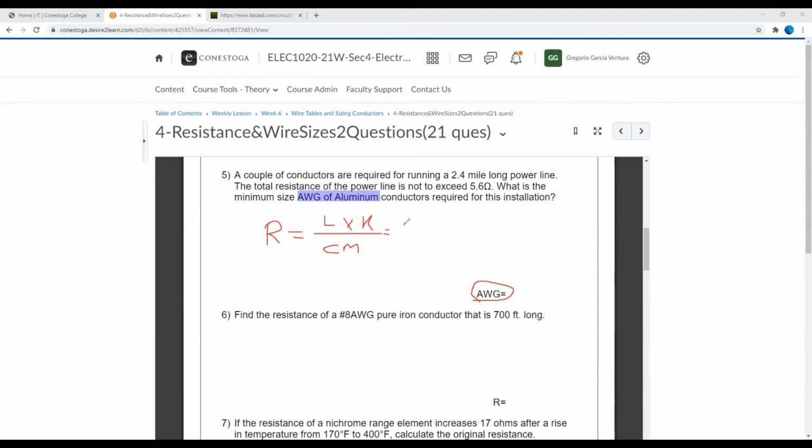So 2.4 miles is going to be equal to 12,672 feet as per Google.